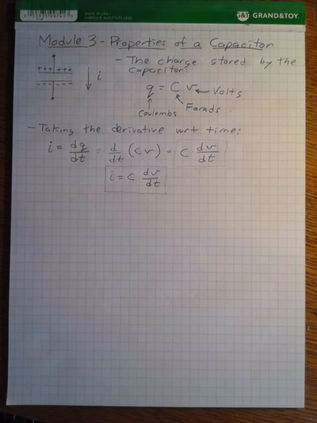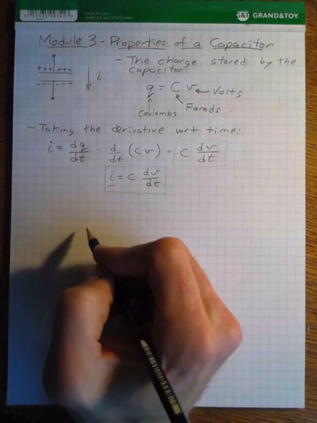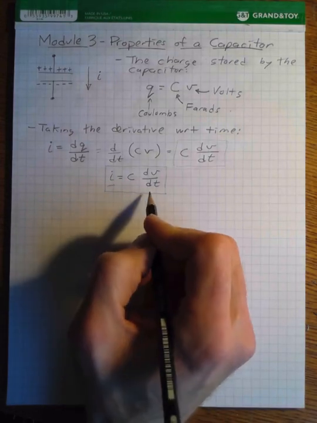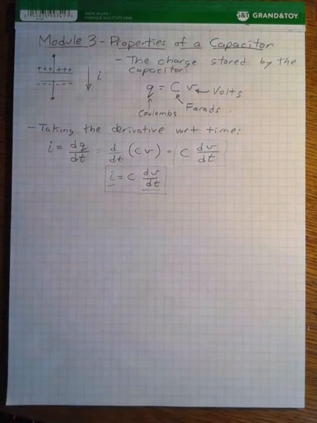Another way to interpret this equation is that in order to get a constant current through a capacitor, we have to have a changing voltage. If you just have a constant voltage across a capacitor, you're not going to see any current flowing through it.